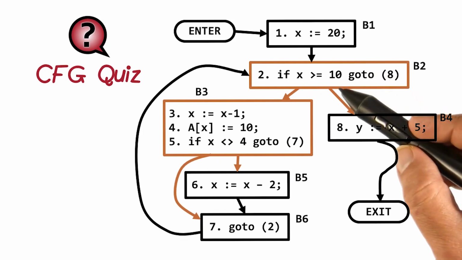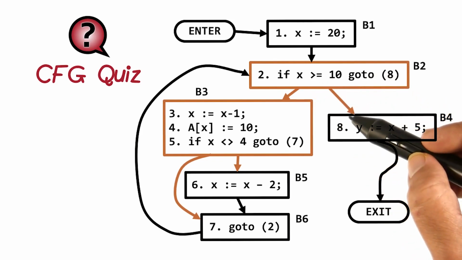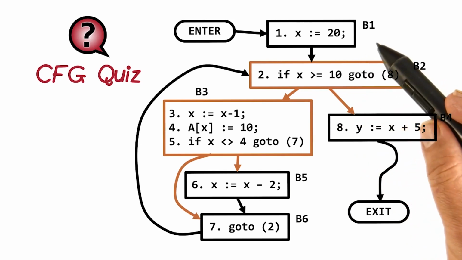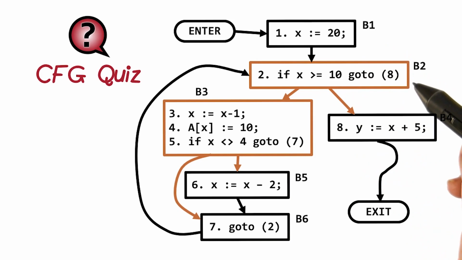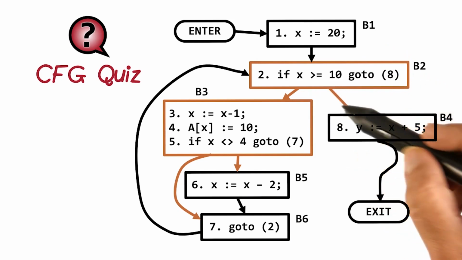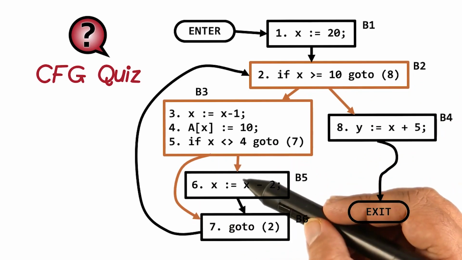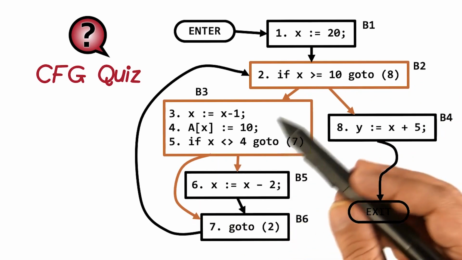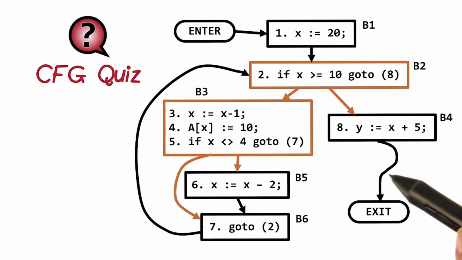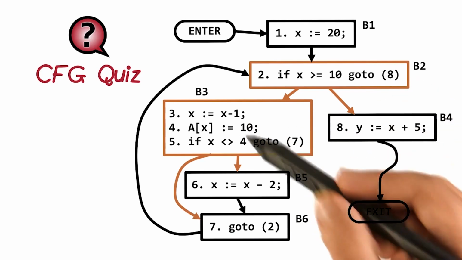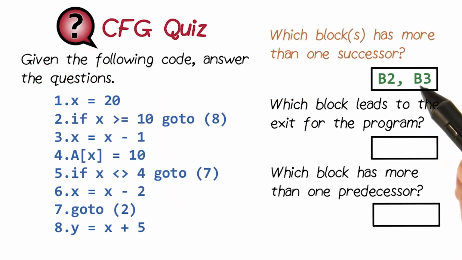So those blocks which have more than one outbound edge are the ones we are interested in. If you apply this logic, it picks up two blocks which are highlighted here. B2 has two successors and B3 also has two successors. But if you look at the other blocks, they all have just one successor, and therefore the answer to this question is B2 and B3. These are the blocks which have more than one successor.